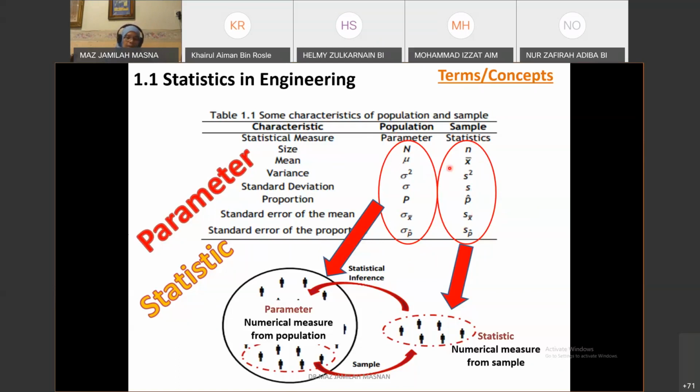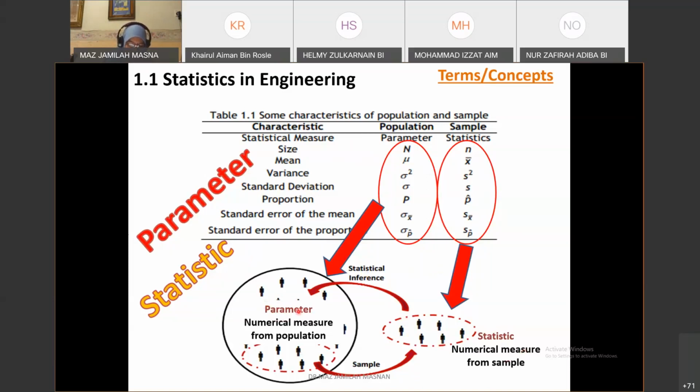Now, if we focus these two into what we call the population and the sample, this is how it looks. We have our population where we call them parameter, and we have the sample where the measurement we refer to as statistic.